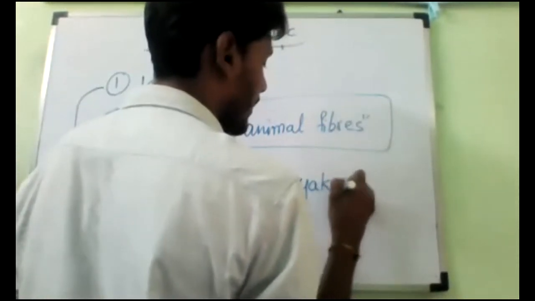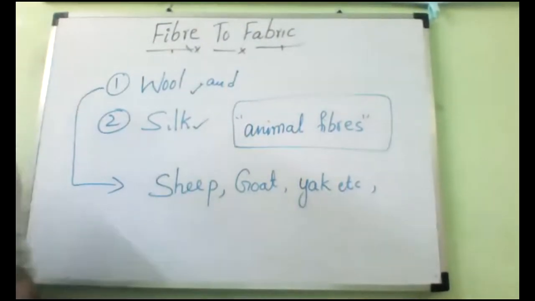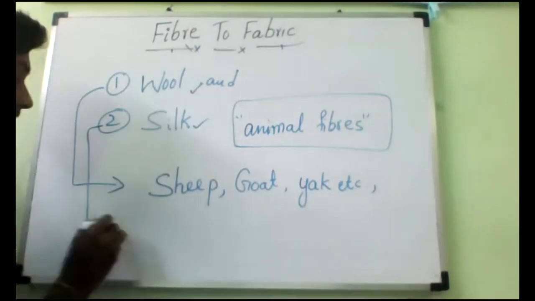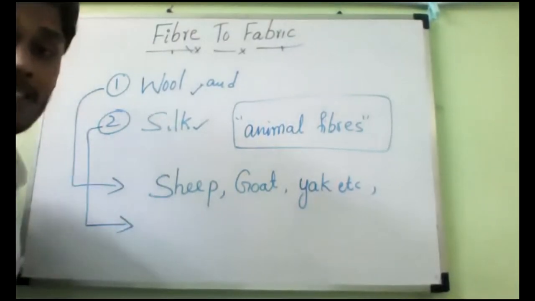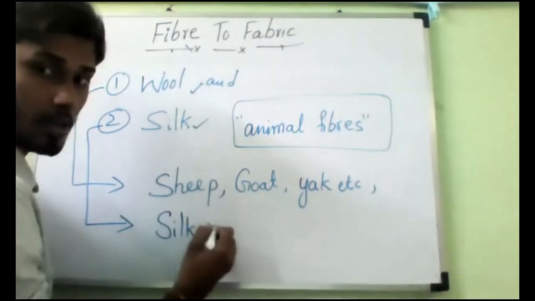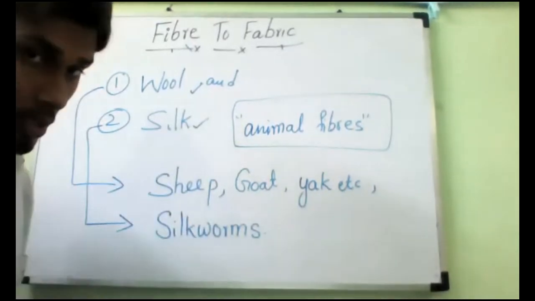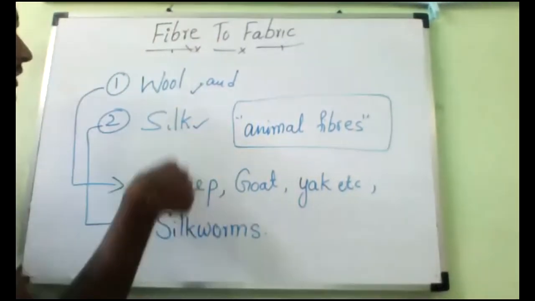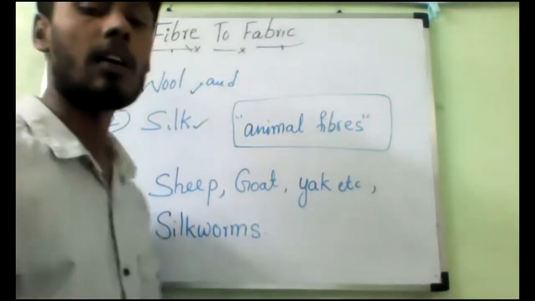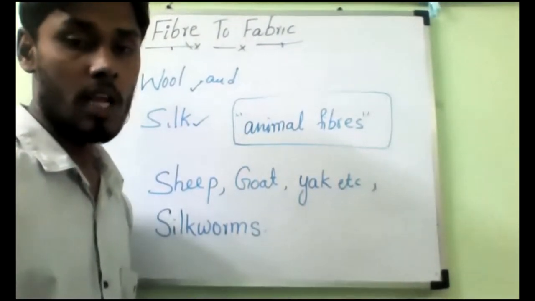Wool comes from sheep, goat, yak, etc. The same way, silk comes from only one, silkworm. So both are coming from animals. That is why we call wool as well as silk animal fibers.